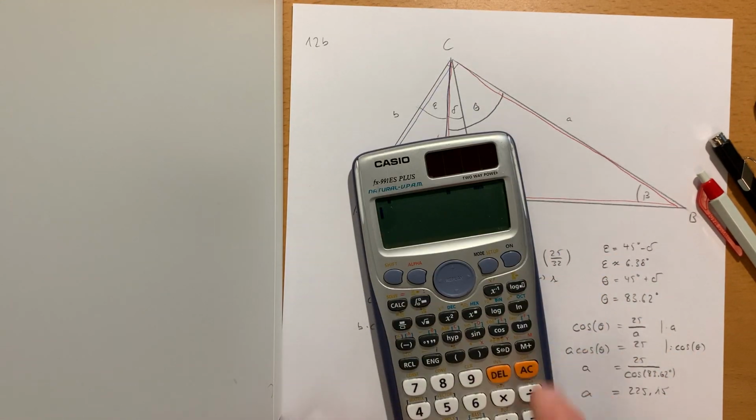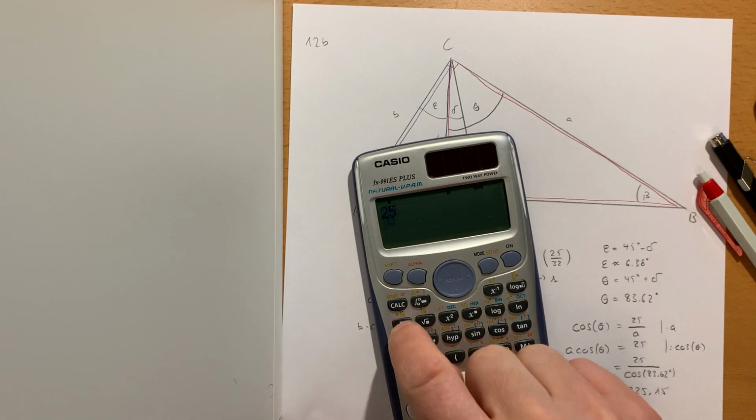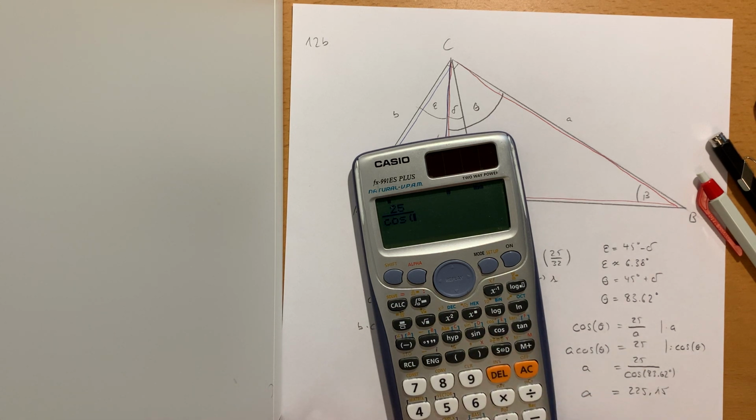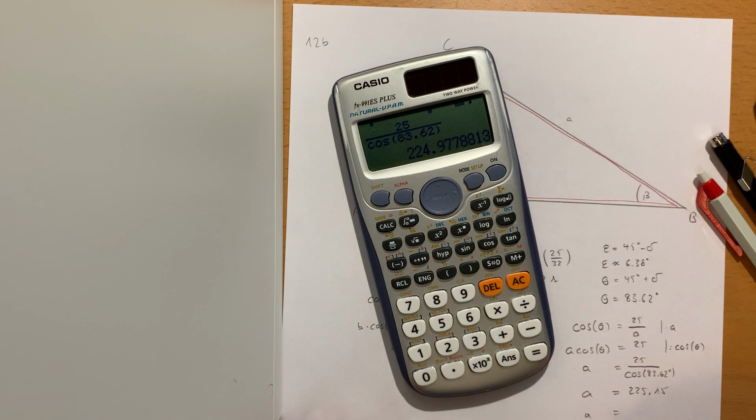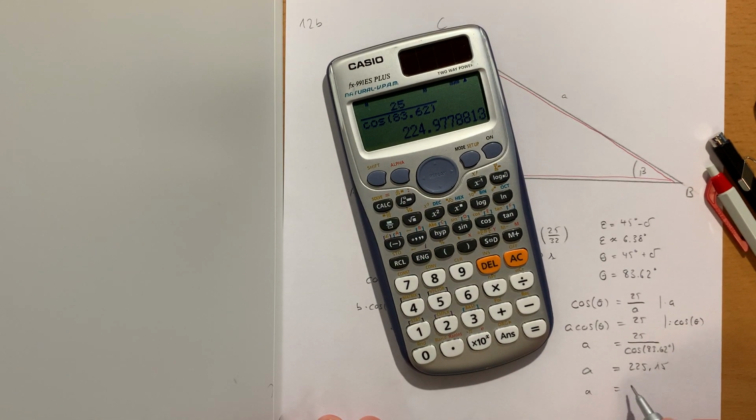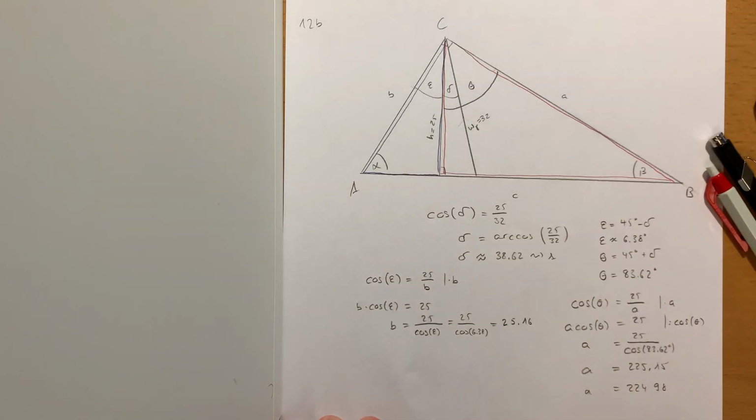But look, if I had used the rounded value, 25 divided by cosine 83.62, I would have got 224.98. That would have been quite a difference. That's why I use unrounded values, but I'm not going to store them each and every time here to show you, because that just puzzles you. I pre-calculated everything.